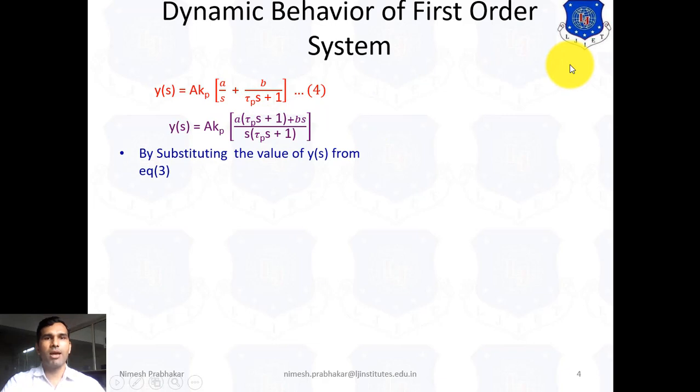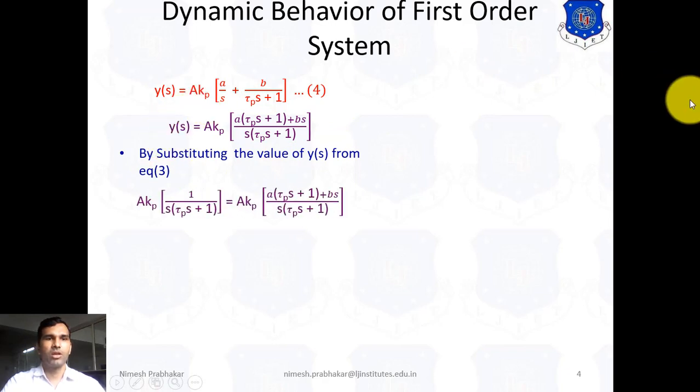By substituting the value of Y of s from equation number 3, we can write a Kp into 1 upon s tau p s plus 1 is equal to a Kp into this equation. Now we can compare this equation, and by comparing we can write A into tau p s plus 1 plus B s is equal to 1.